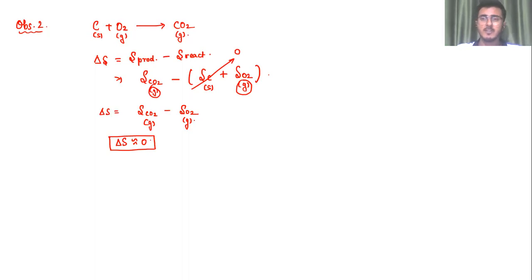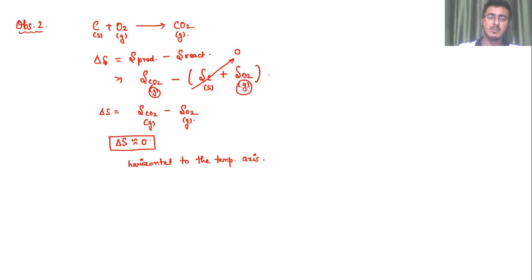So if the slope is 0, I can say that this line basically is horizontal to the temperature axis. Okay. So this is your observation number 2, that your C plus O2 giving carbon dioxide line is basically horizontal to the temperature axis, or it is a horizontal line.